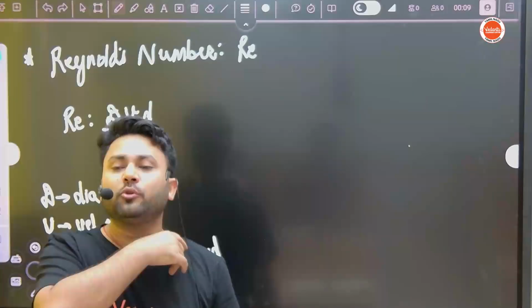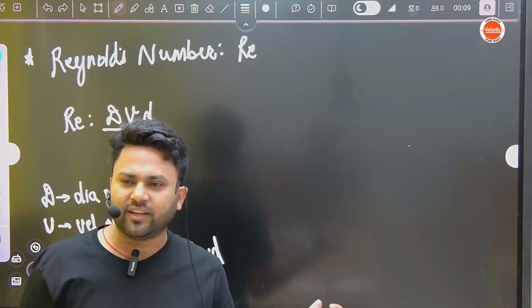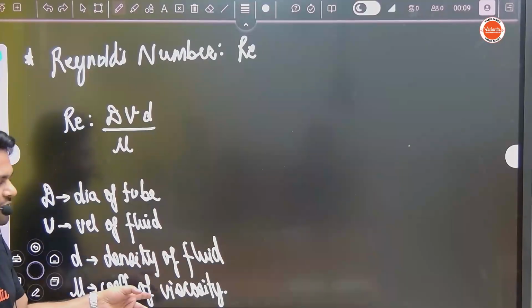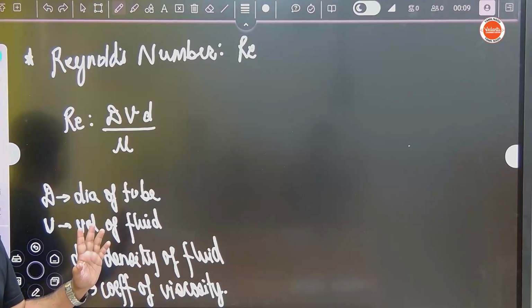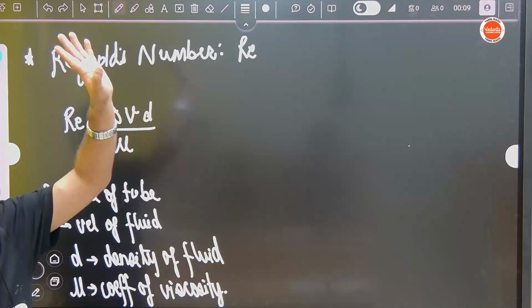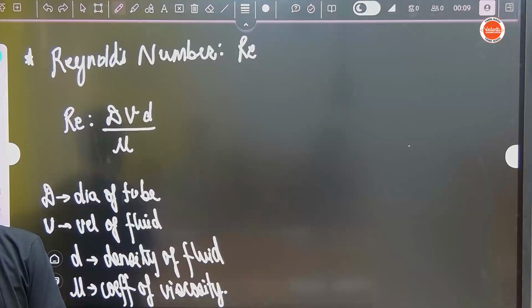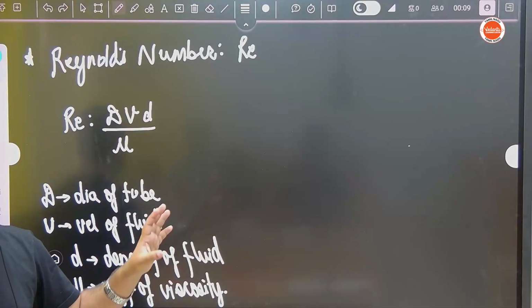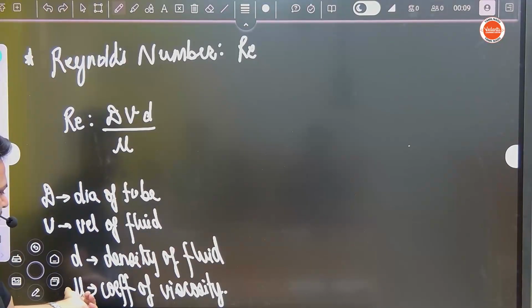Like friction equals mu N, here there is a mu term called the coefficient of viscosity. In fluids the friction has some formula, we will discuss later, but this mu is the coefficient of viscosity.